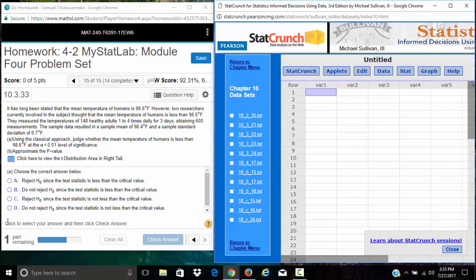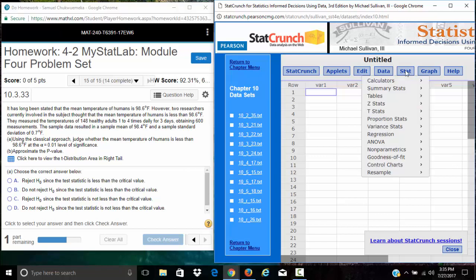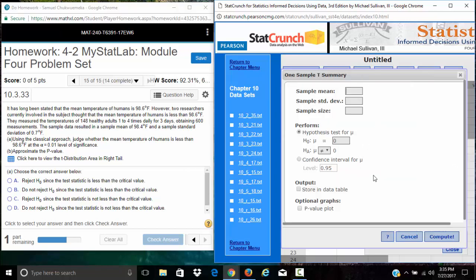Let's go ahead and test this claim. T-Stats, one sample with summary. The sample mean they found was 98.4 degrees Fahrenheit. Sample standard deviation 0.7 degrees Fahrenheit. Sample size, how many adults did they measure? 148 adults.